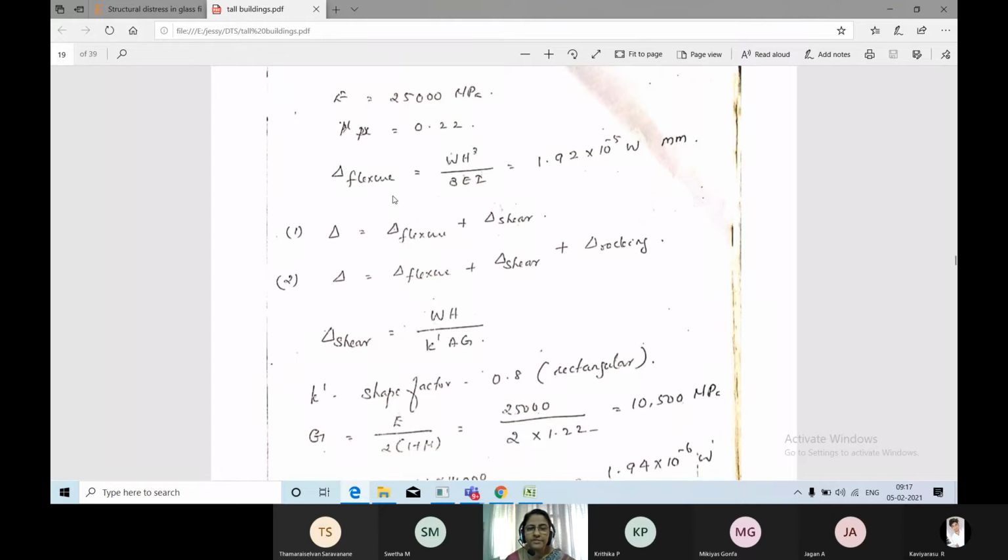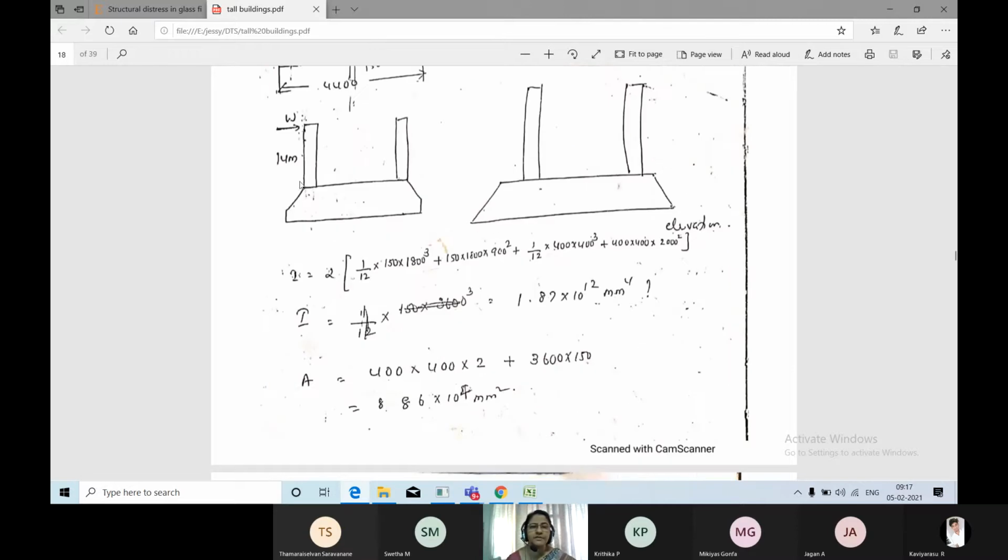Then how do you calculate the flexure? Delta flexure, that means the deflection due to flexure. If you see this diagram, it is just like a cantilever. It is resting at the bottom, the shear wall of 14-meter height, and a lateral load W is acting there.